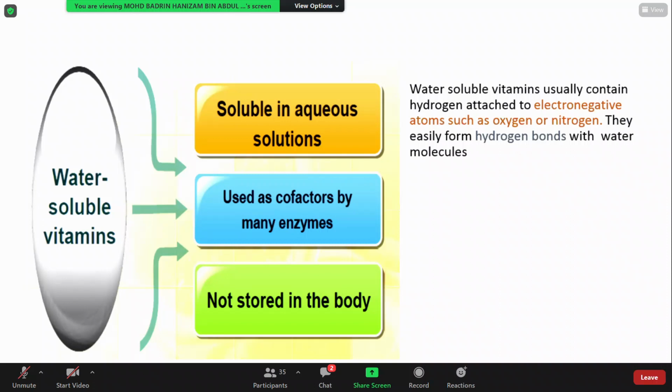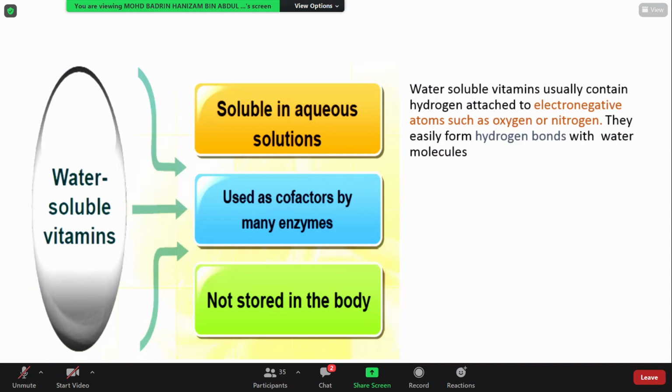Water soluble vitamins usually contain hydrogen attached to electronegative atoms. They easily form hydrogen bonds with water molecules. So that's why they are soluble in water or aqueous solution, because they contain hydrogen. Like we already discussed last week on the properties of water, right?